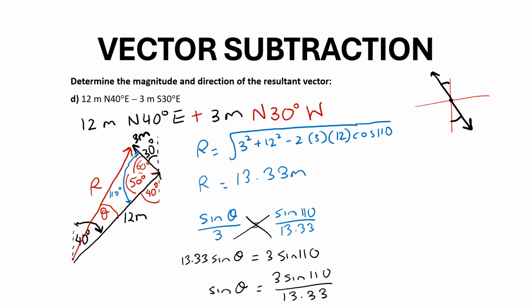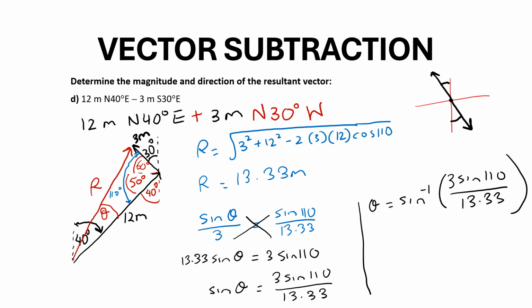This gives you the value of sine theta. And we want to calculate theta only. So now let's make theta the subject. So to make theta the subject, you have to press shift sine on the Casio calculator to get sine inverse of the right hand side, which is 3 sine 110 over 13.33. And we get theta is equal to 12.2 degrees.